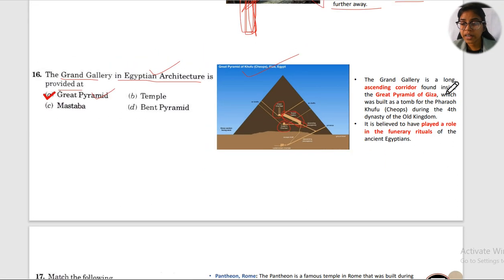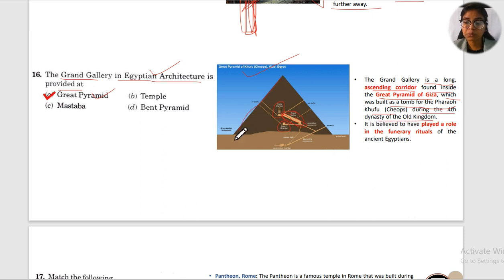The Grand Gallery is a long ascending corridor found inside the Great Pyramid of Giza, which was built as a tomb for the pharaoh Khufu during the 4th dynasty of the Old Kingdom.